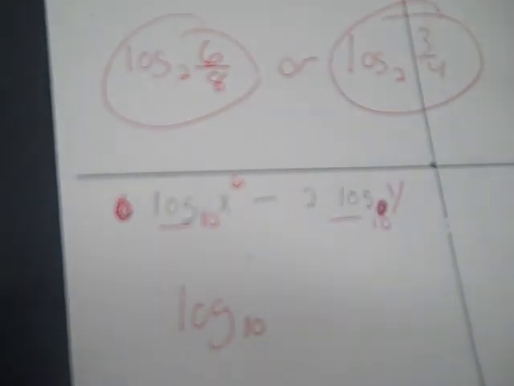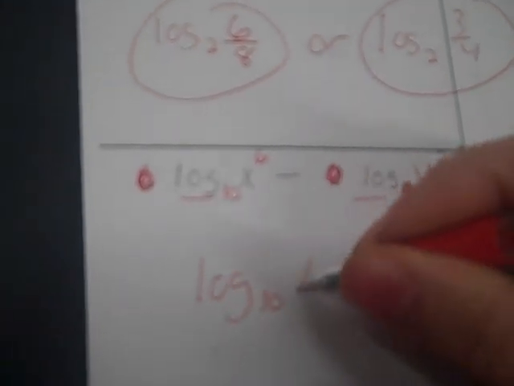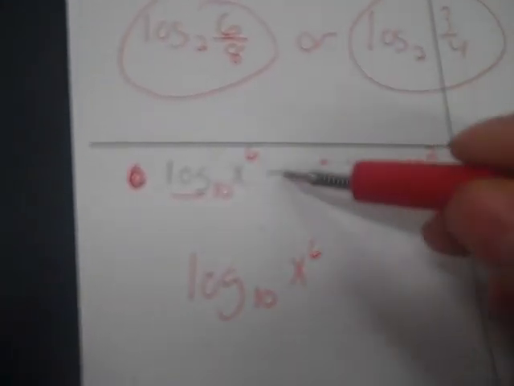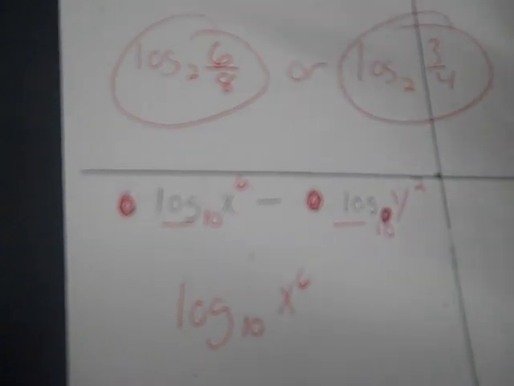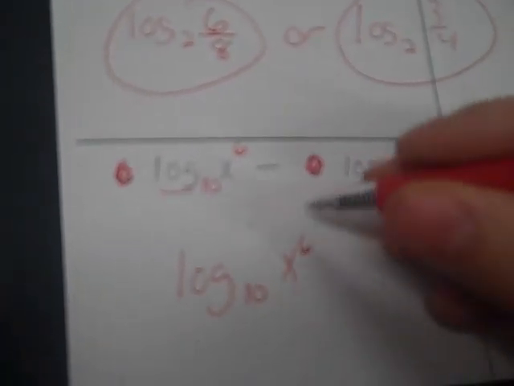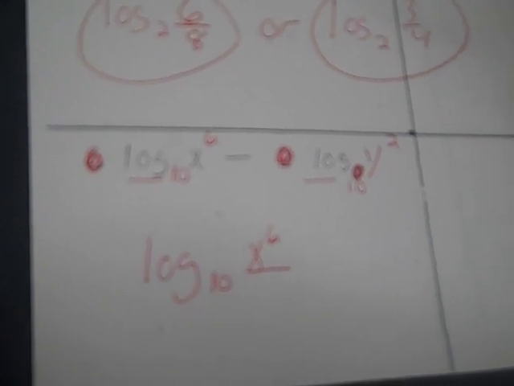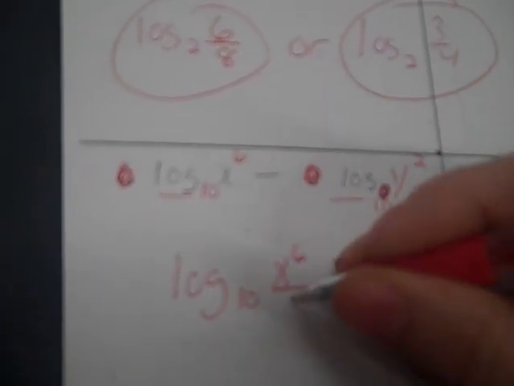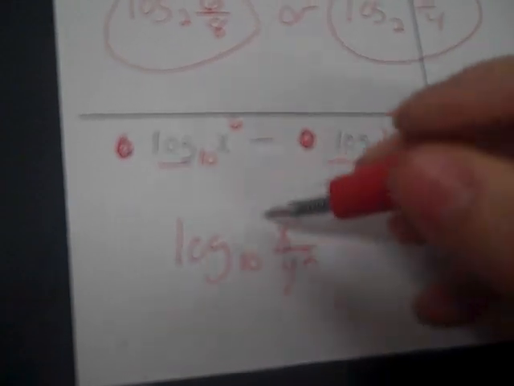Now we need these coefficients to come around as exponents. Okay, so x to the 6th. And then minus is synonymous with divide. So instead of a multiplication dot, I underline to signal we have a division operator, and then y to the 2nd. Can't simplify that, that's the answer.